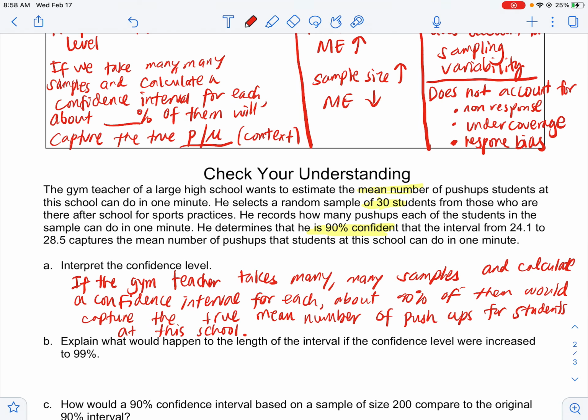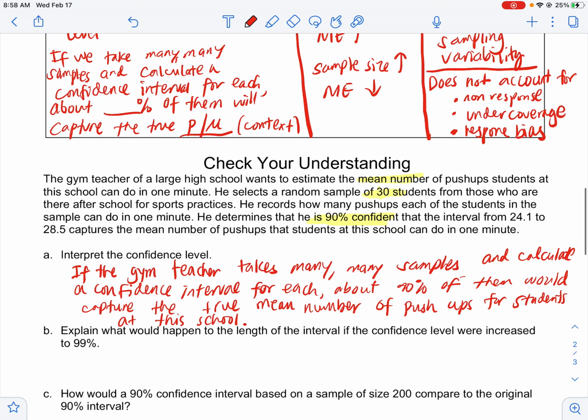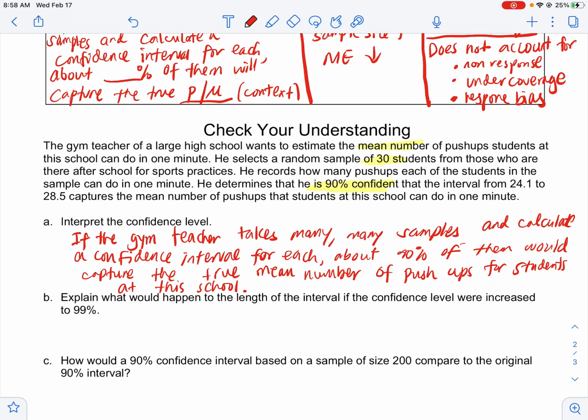Okay, moving on. Explain what would happen to the length of the interval if the confidence level were increased to 99%. So our interval, let's write our interval. Our interval is from 24.1 to 28.5 currently, right? And right now, this is at 90% confidence level.